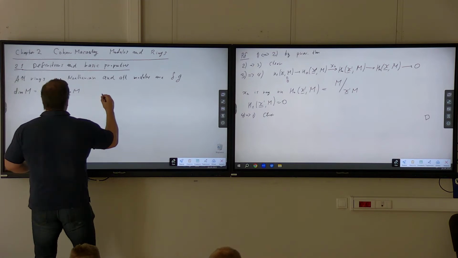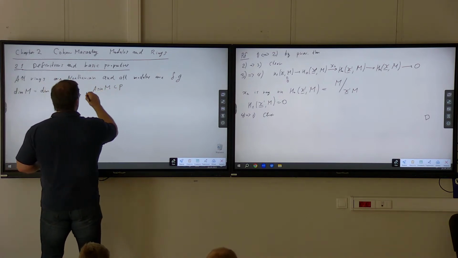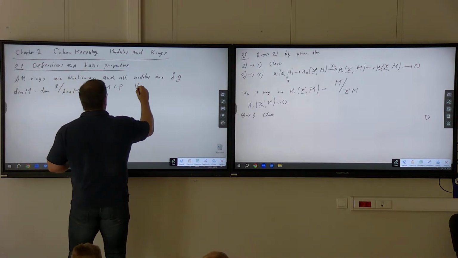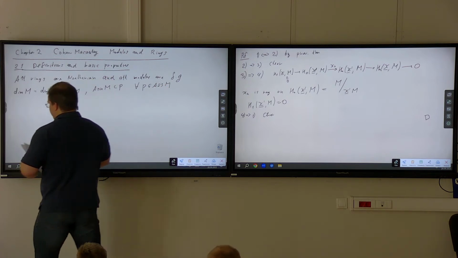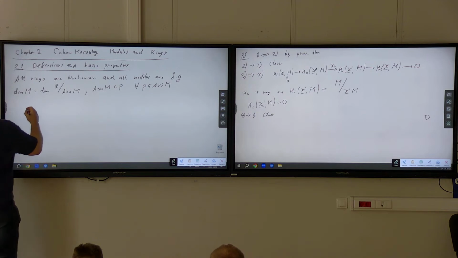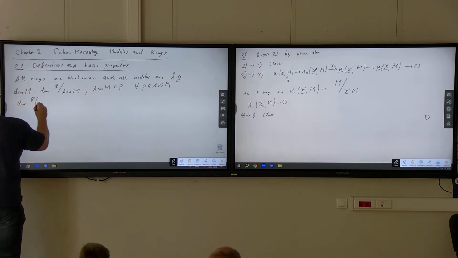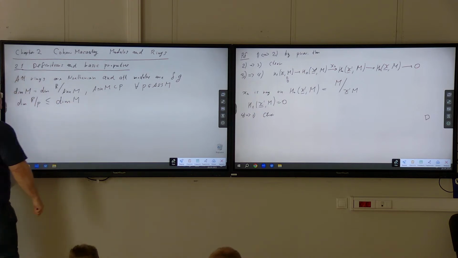Now, the annihilator of the module is contained in a prime ideal if this prime is associated to the module. But if we have such containment, then clearly the dimension of R modulo an associated prime is bounded above by the dimension of the module.